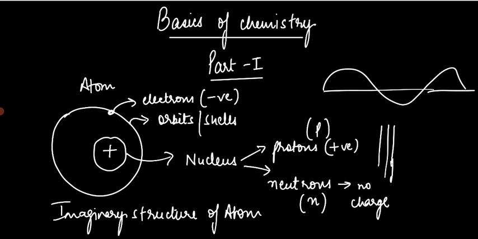These are two terms with the same meaning, slightly different. Orbits are the first orbit, the second orbit, the third orbit. There are multiple imaginary pathways inside an atom where electrons reside. Shells are named in alphabetical order, as K, L, M, N shells. Most of you have already heard about this.